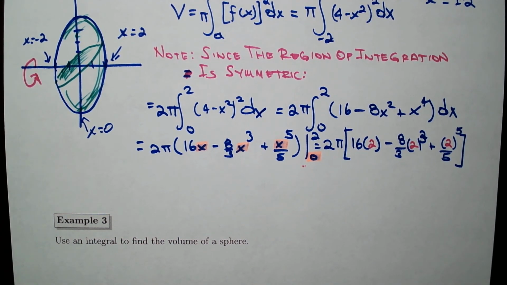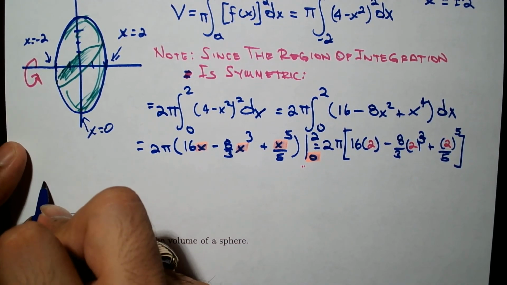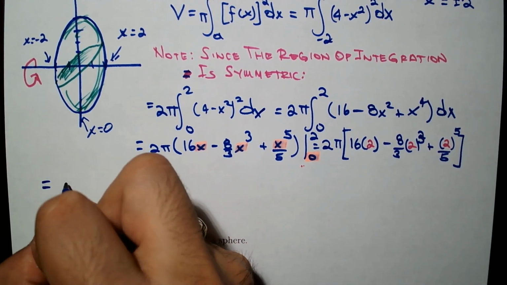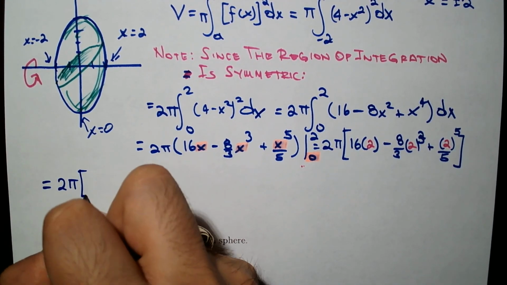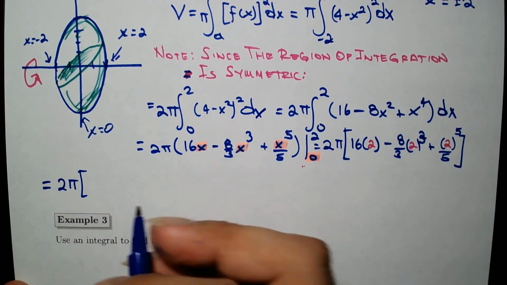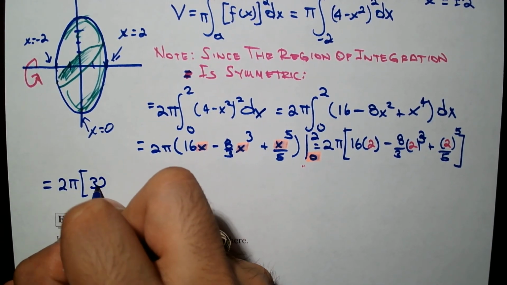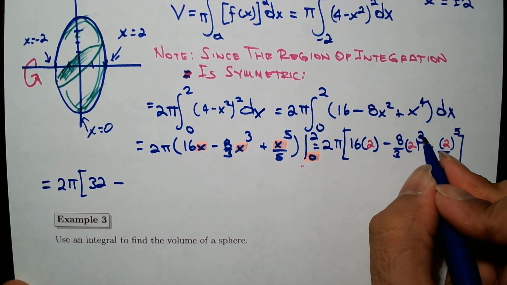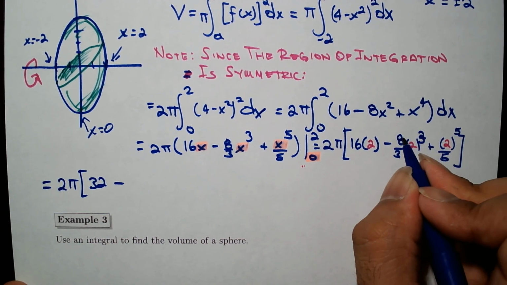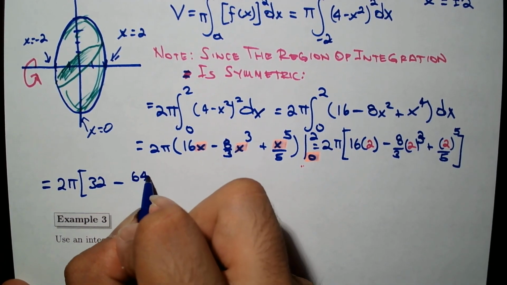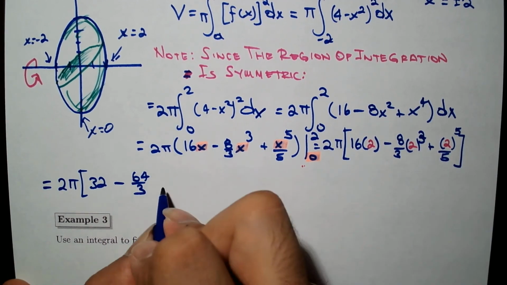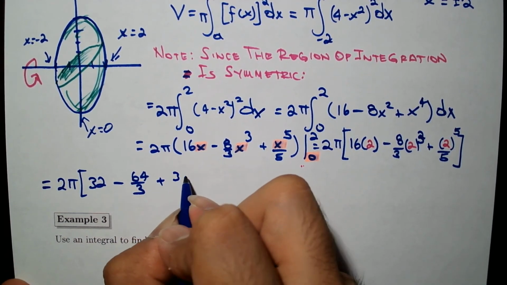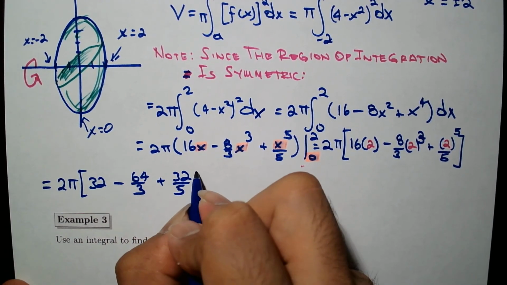So let's keep simplifying this expression. I'm going to have 2 pi. 16 times 2, that's 32. Minus 2 to the third power is 8. Times 8 is 64. 64 thirds. And 2 to the fifth power is 32 fifths.